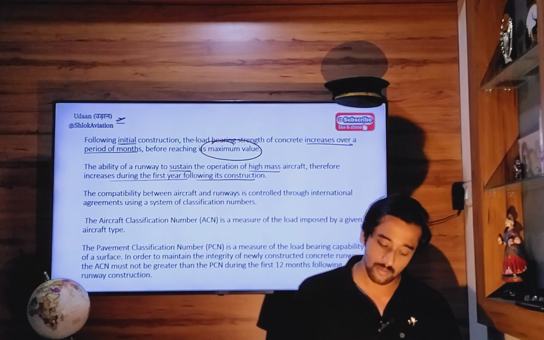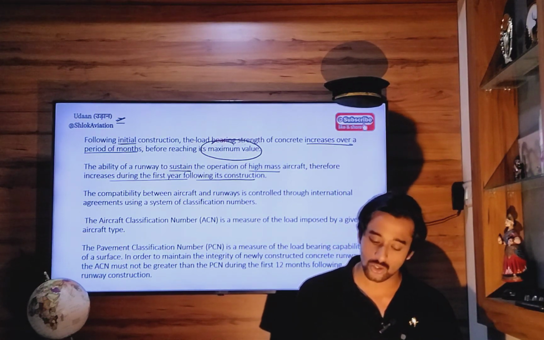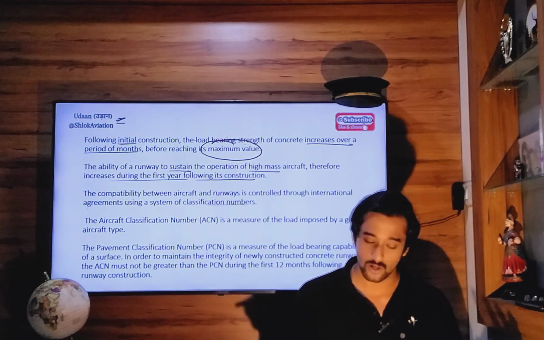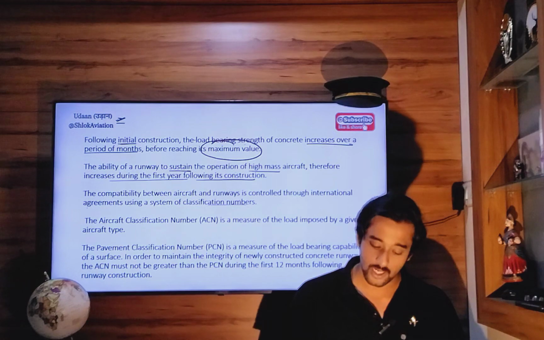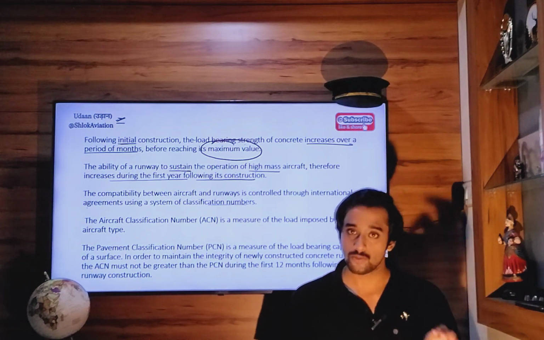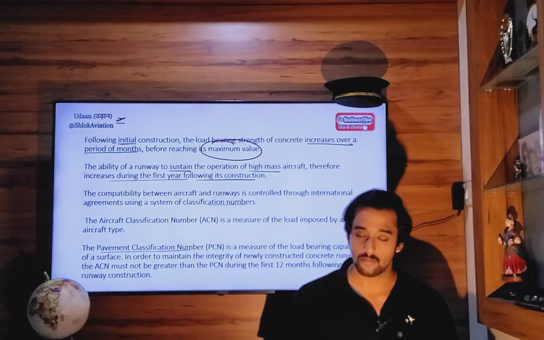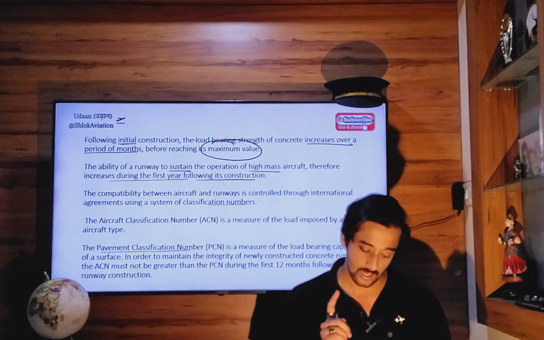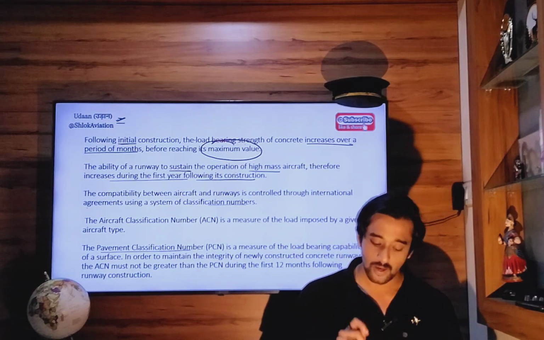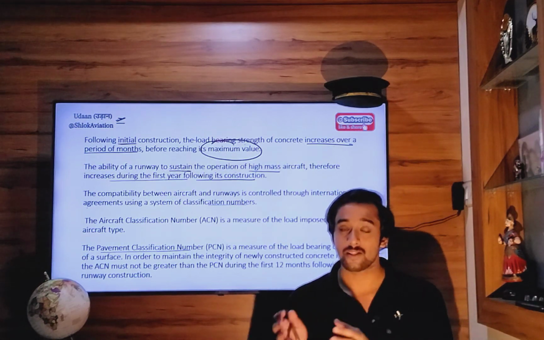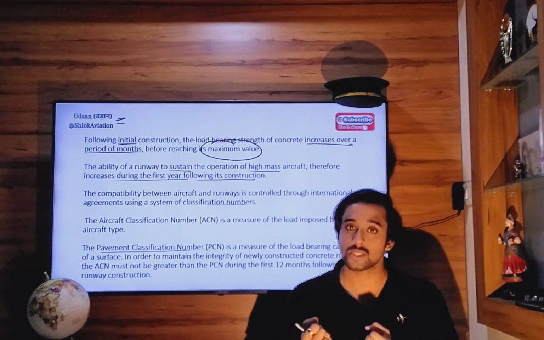The compatibility between aircraft and runways is controlled through international agreements using a system of classification numbers. Aircraft classification number is a measure of the load imposed by a given aircraft type. Okay, and pavement classification number, previously I said performance classification, that was incorrect. It's pavement classification number. It's a measure of the load that the runway can bear, the runway can withstand.